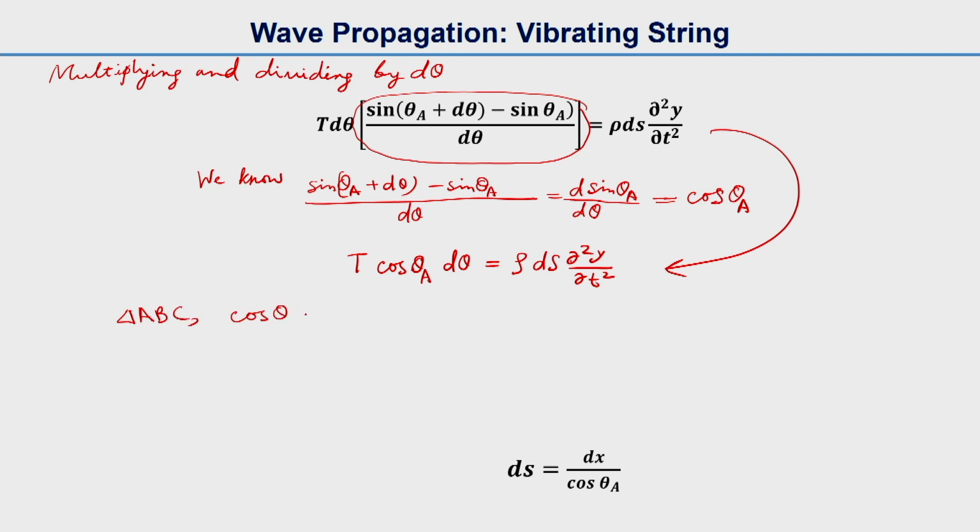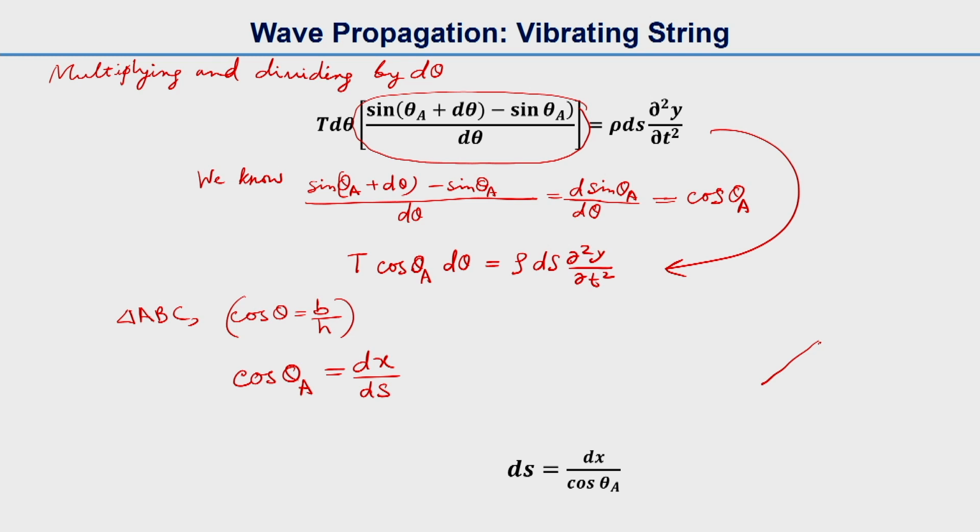cosine of theta, that is base by hypotenuse. From the right angle triangle ABC we can get that cosine of theta a will be equal to dx by ds.